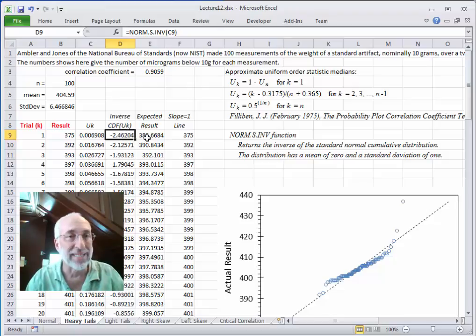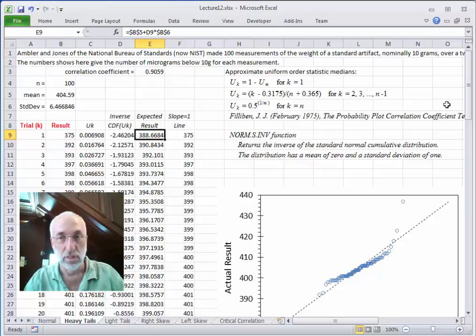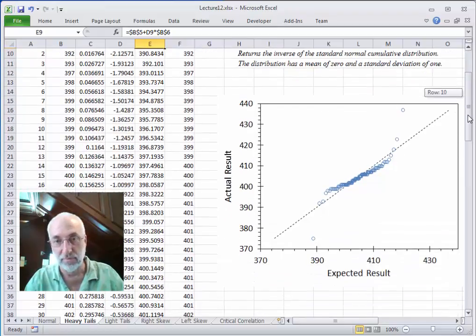I will convert that to an expected result by multiplying that number by the standard deviation from the data, here 6.5 milligrams, and adding the mean of the data, 404.6 milligrams. That gives me an expected result, which I can plot compared to the actual result. Here's the graph.